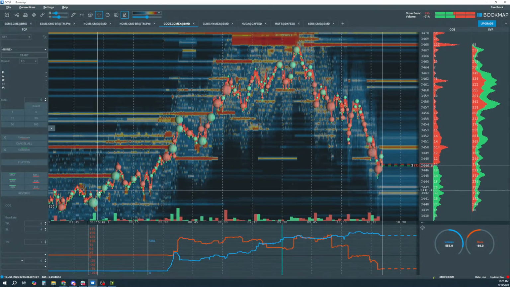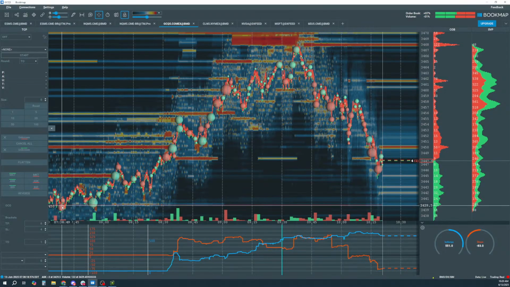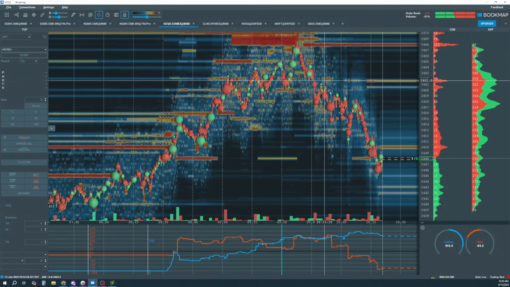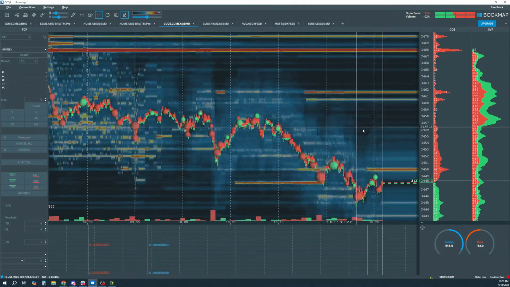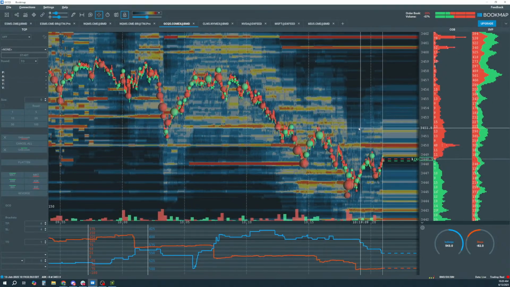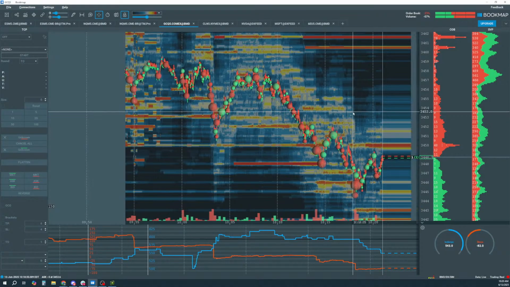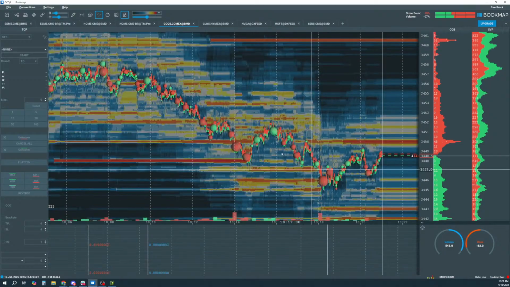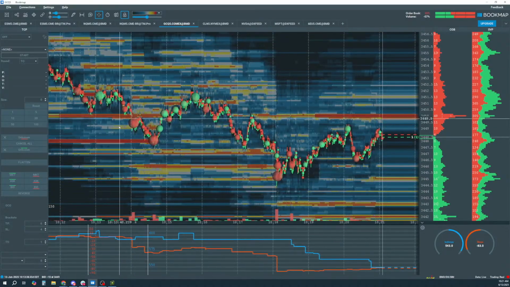Okay, so gold, I've got data here back to about 7:30 or so. It moved to the upside, and now it's almost right back down to where it was. Gold is looking pretty good. We see a lot of liquidity getting filled on the bid in some of these areas.